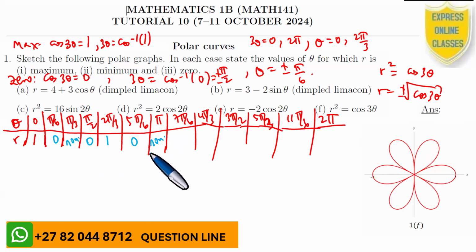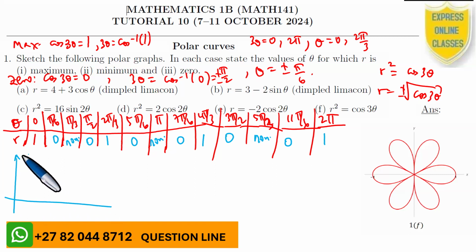Non-real. 7 pi over 2, 0. So this is 1. 9 pi over 2, which is 0. Non-real. 0, 1. Let us sketch the r theta curve.